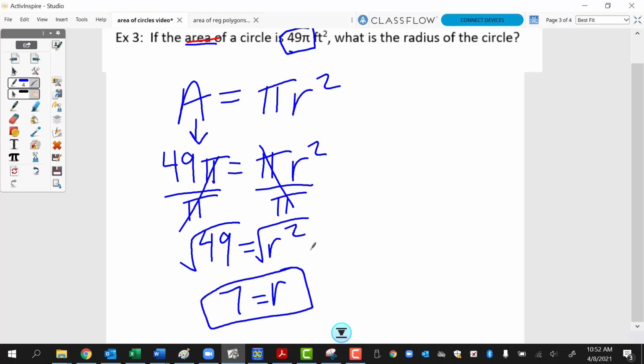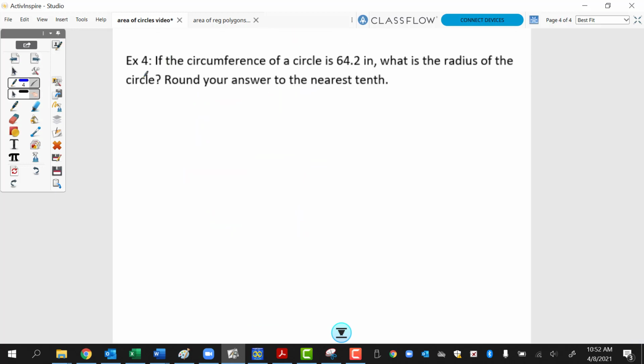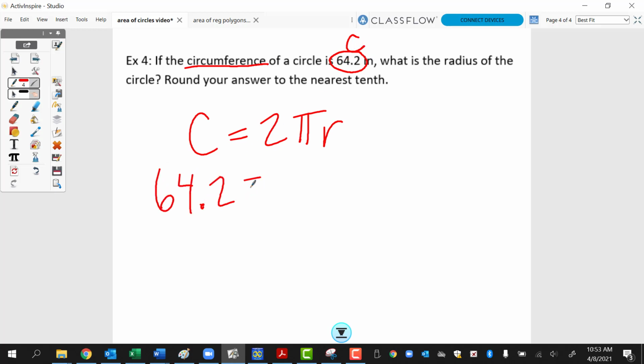Happy times for me. Okay, one more example. So working backwards from circumference, because it is a different formula. So if the circumference of a circle is 64.2 inches, what is the radius of the circle, round to the nearest tenth? So this time they told me circumference, so I'm going to write down my circumference formula, 2 pi r. 64.2, that was my circumference, so I'm going to put that where C is, 64.2.